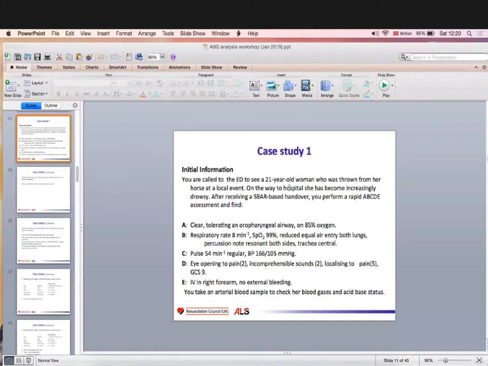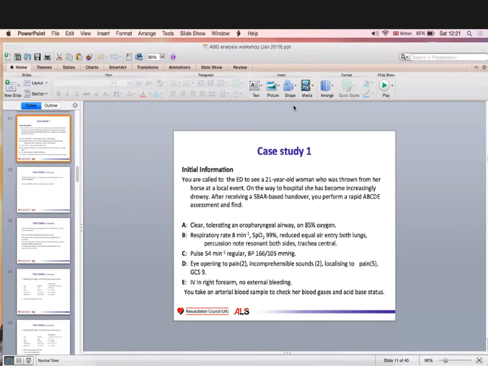If you see this patient and get this handover, what are your concerns? So this is a 21-year-old woman, so she probably has no other comorbidities. She was thrown from a horse, so there may be some head or neck injuries or other trauma. She has become increasingly drowsy, which means head injury is possible. Her airway is clear, tolerating.